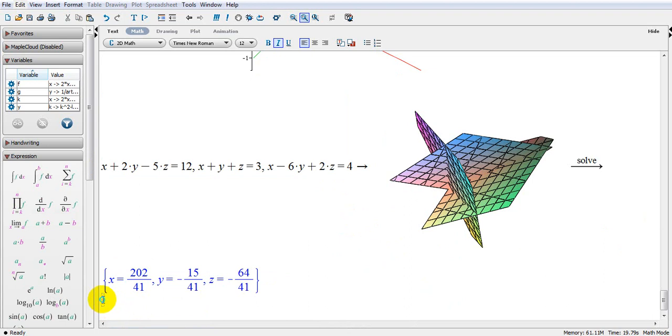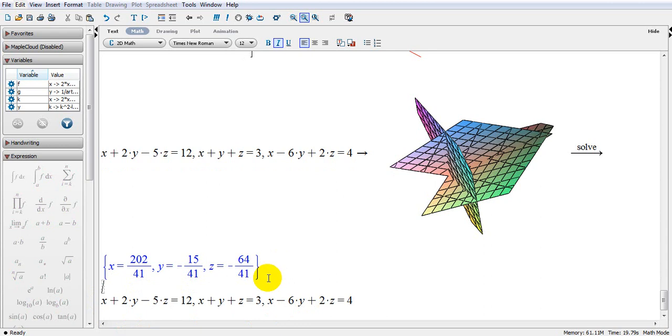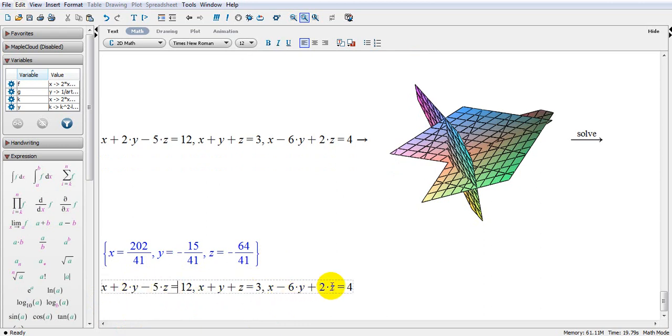Oh, for some reason it didn't work. Right click, paste. Okay, let's give it a space, and in this case, maybe I will use z to the power 2, and instead of y I like ln y.